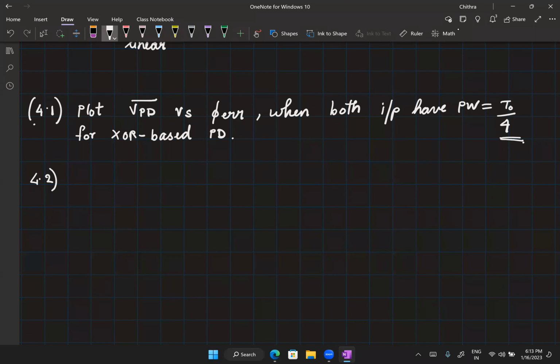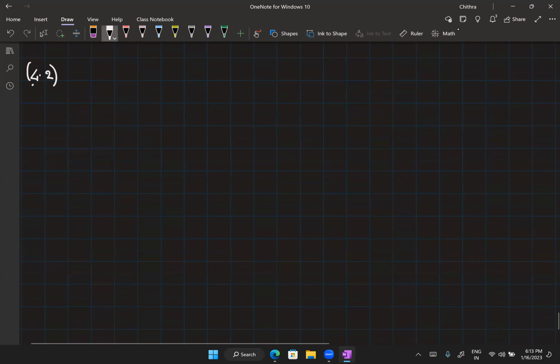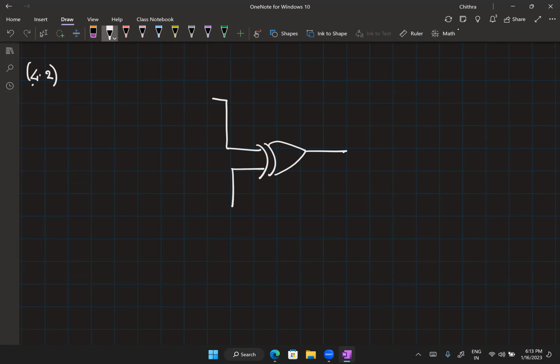I will also give one more homework. So I still have my XOR PD, but instead of connecting in1 and in2 directly to the PD, I will connect it at the output of a divide by 2. So I have in2 coming here. This flop is configured such that its output is the divided down signal of in2, right?